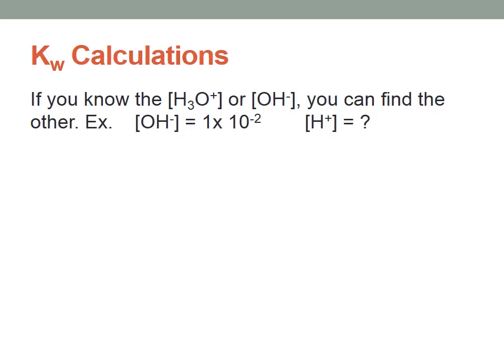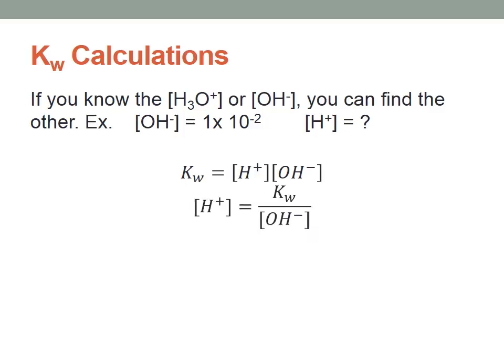Now, in this case, we're given the hydroxide ion concentration, and we need to find the hydrogen ion concentration. So we follow the same process. We know the relationship between hydrogen ion and hydroxide ion concentration. We rearrange to find our hydrogen ion this time, so that is Kw divided by our hydroxide ion concentration.